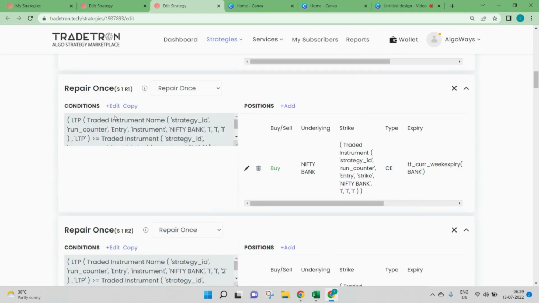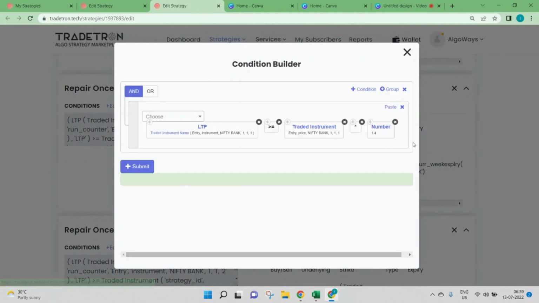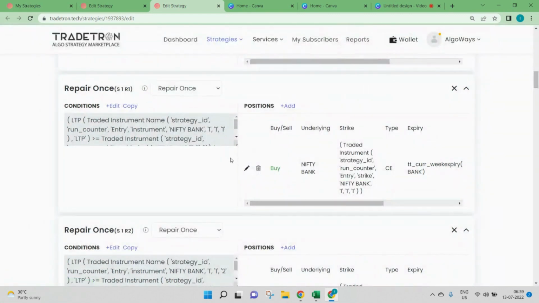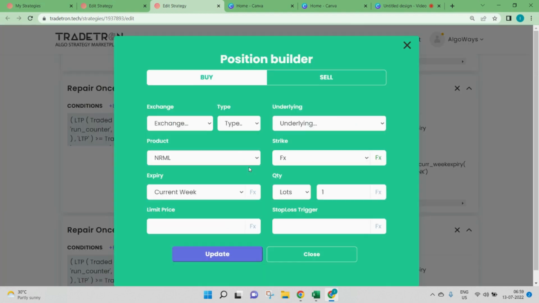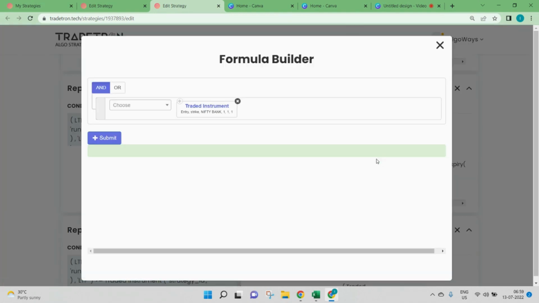Now what we are doing, we are putting a stop loss of say 40%. So the LTP of the first instrument entered in the entry condition, that is CE, is greater than entry price into 1.4 times. So once that particular price has gone up 40%, we exit the call option, call Bank Nifty, and this is the strike selection.